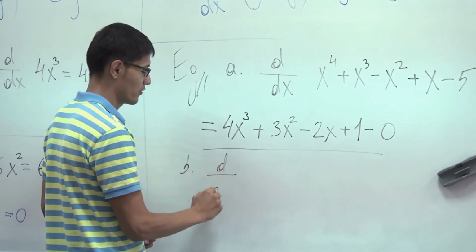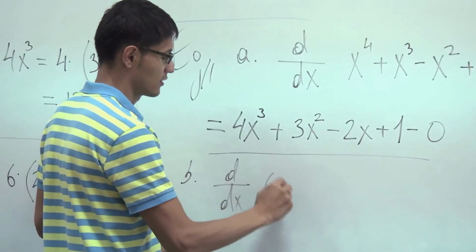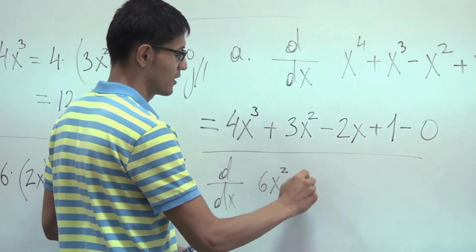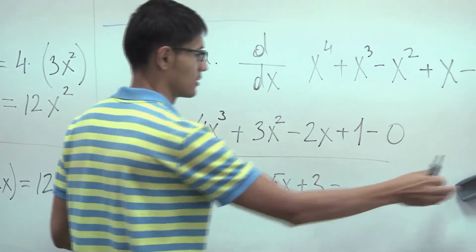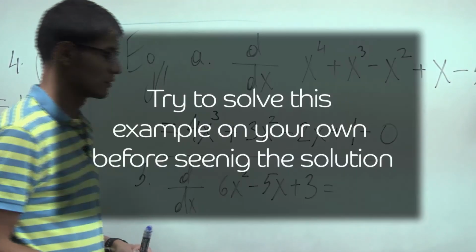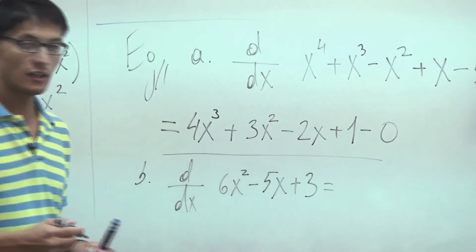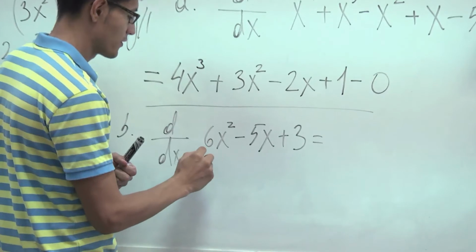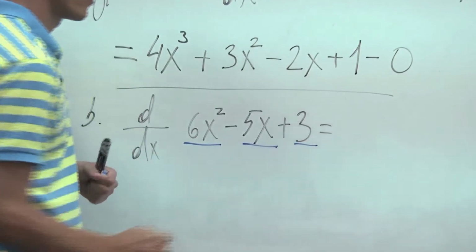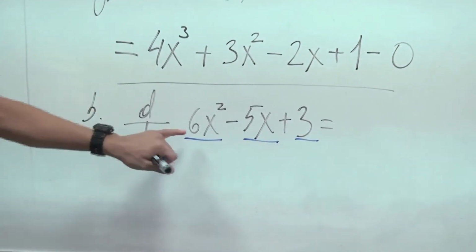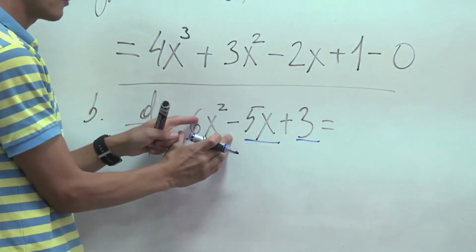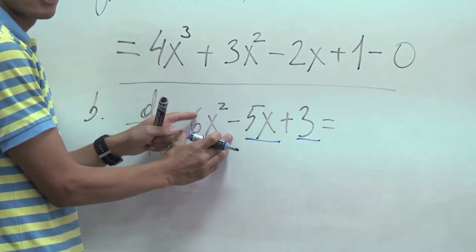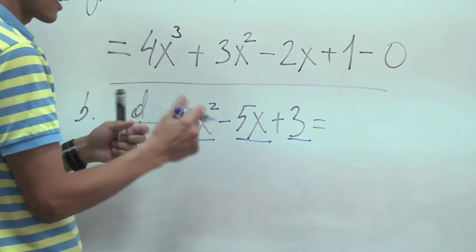Let's say you want to take the derivative of 6x squared minus 5x plus 3. Again, we can take the derivatives term by term. So let's start with 6x squared. We have a number times a function, 6 times x squared. 6 is the constant.